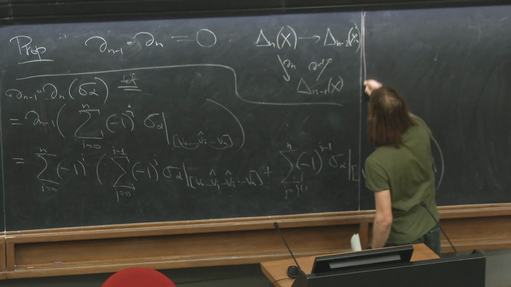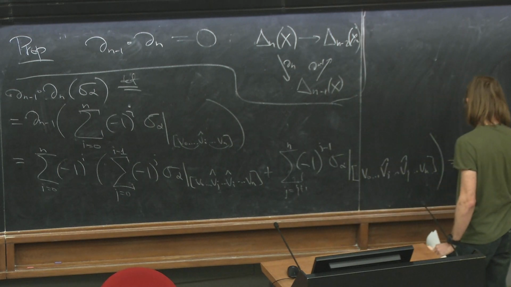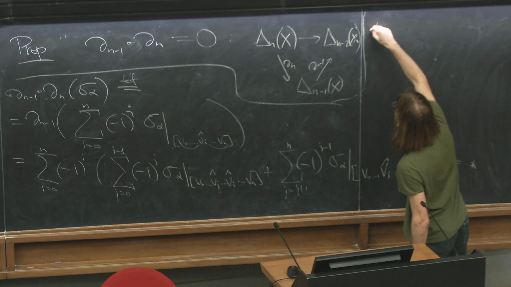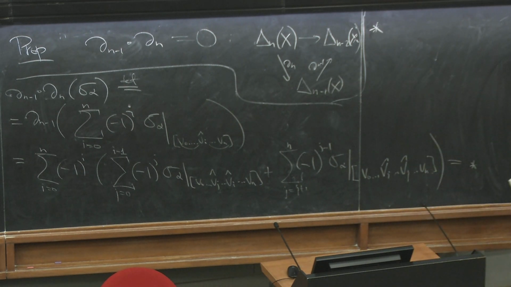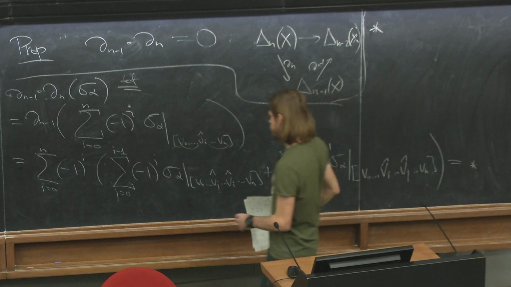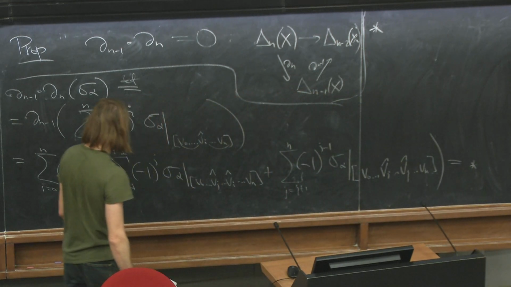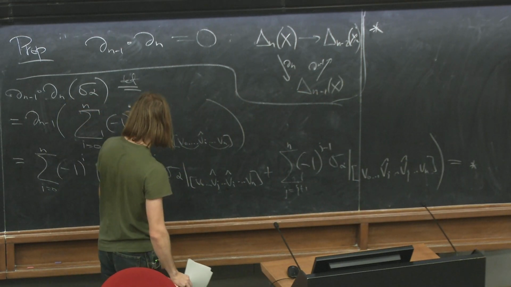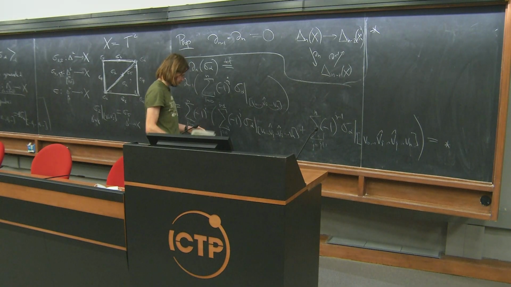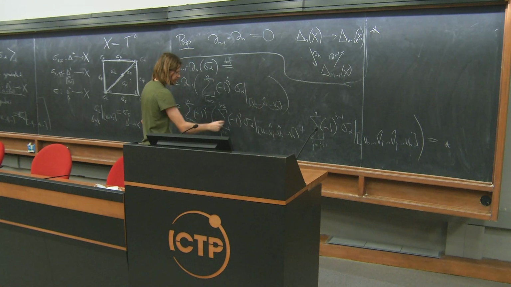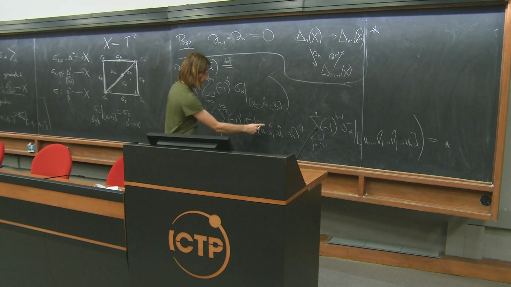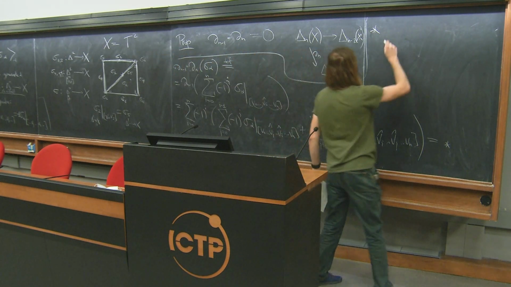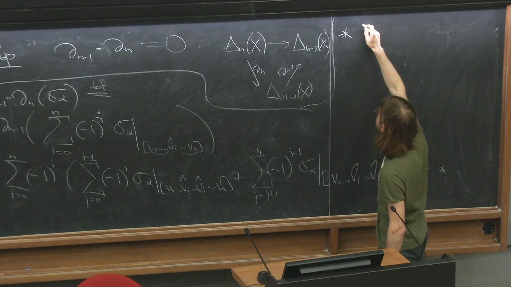Okay, let me continue here. But now you see this is essentially the same. Let me rewrite it in this way. Let's combine the first sum with the first half, and write it as a double sum.